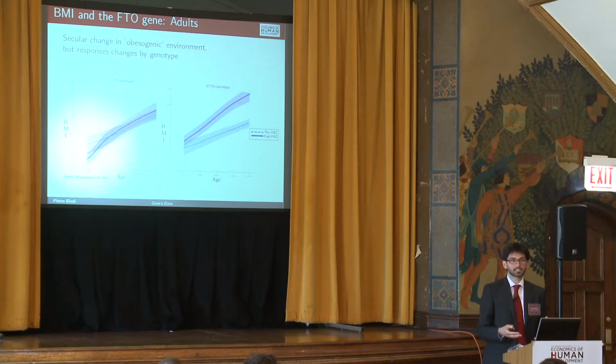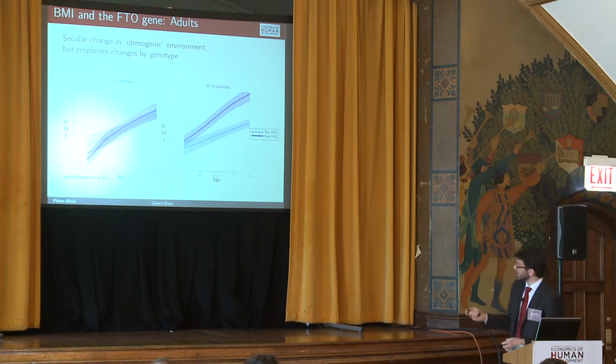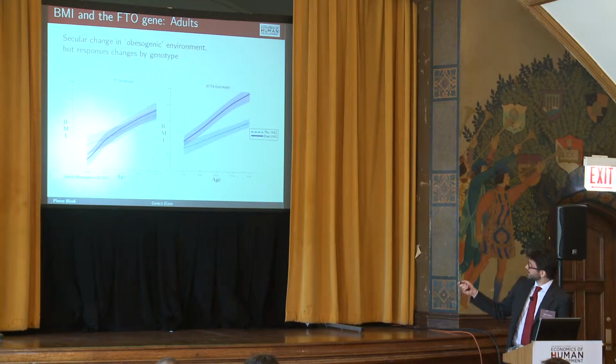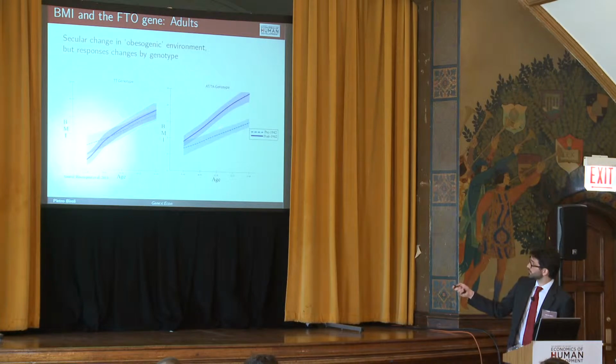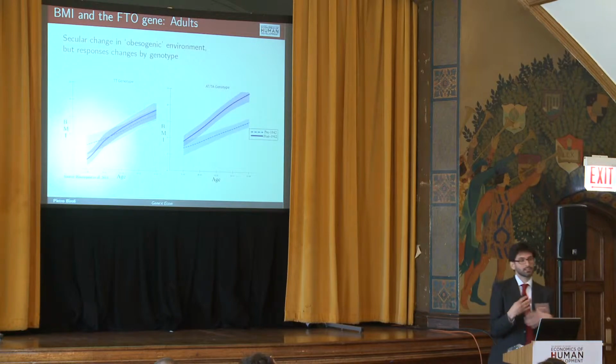So physical activity has become more of a leisure rather than something that we do during our work. What they observe is that, depending on the genotype, there's a very different increase in the BMI of people who have the risky allele and were exposed to the obesogenic environment, so they were born after 1942, with respect to those who have the obesity-related allele but had no availability of cheap caloric foods.